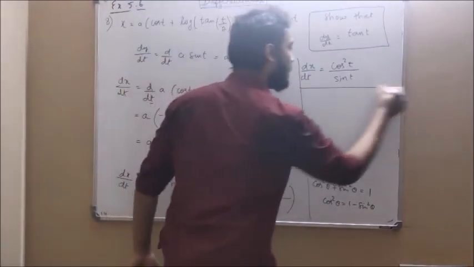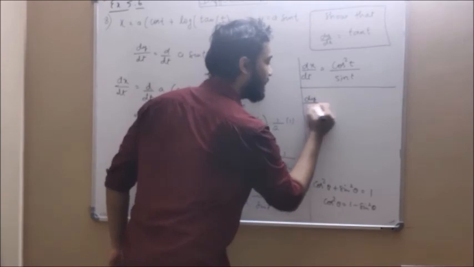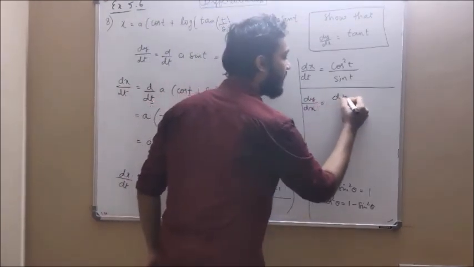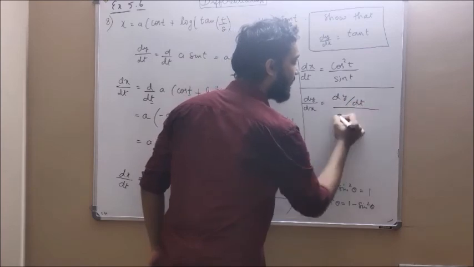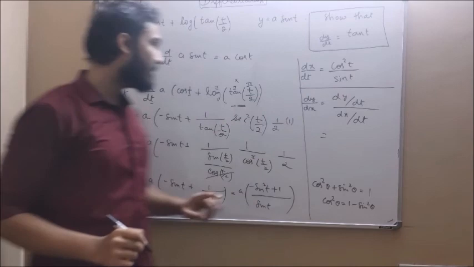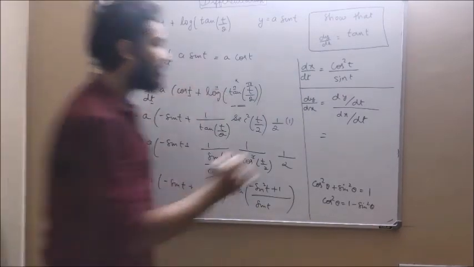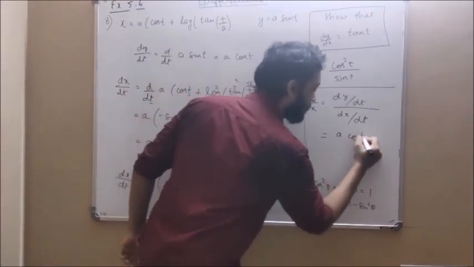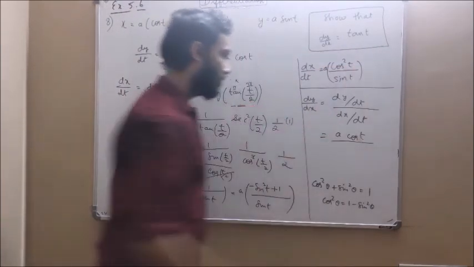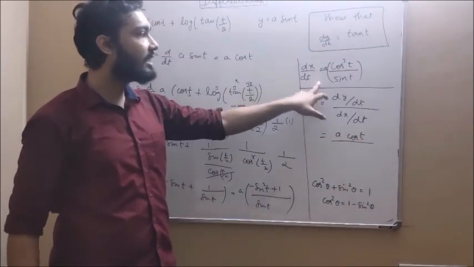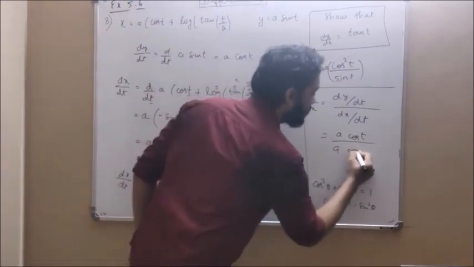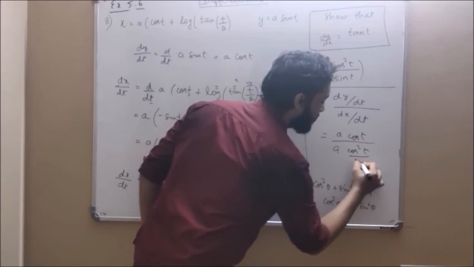So we got dx by dt. Next we want dy by dx. What is dy by dx? It is dy by dt divided by dx by dt. dy by dt is a cos t, and dx by dt is a cos square t by sin t.